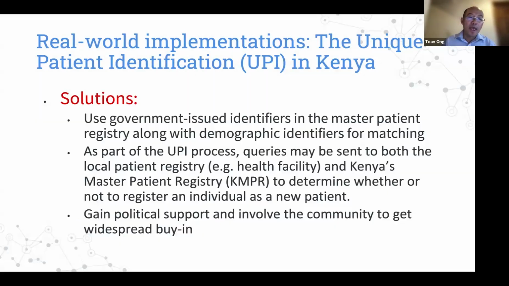And so the solution that Kenya is looking into, or has already implemented, is to use the national IDs based on government-issued identifiers, as well as trying to establish the linkage, not just at the national level, but also at the local level, and establish that communication between the local system and the national patient registry.